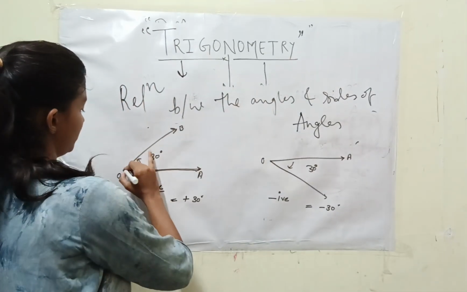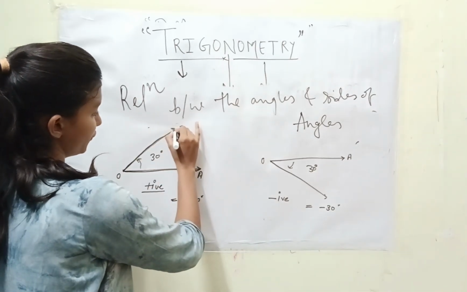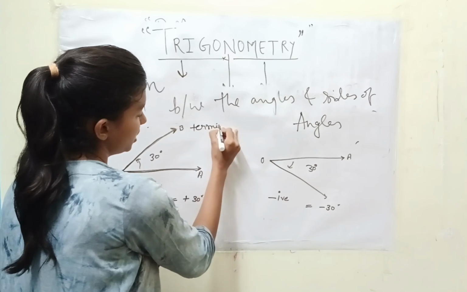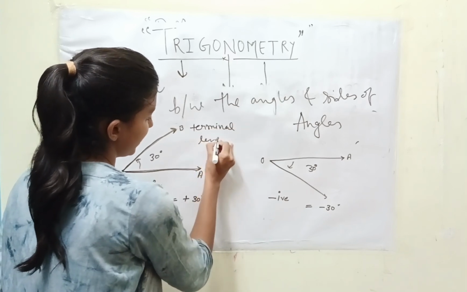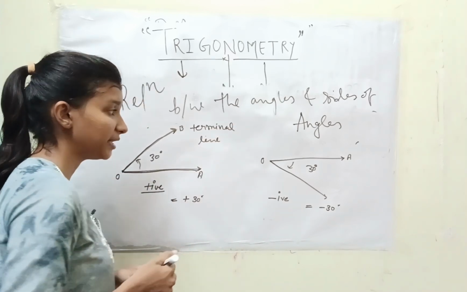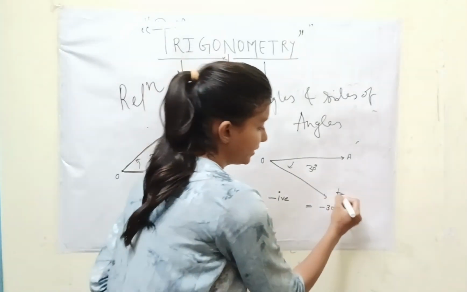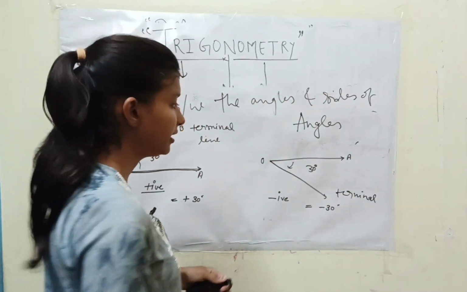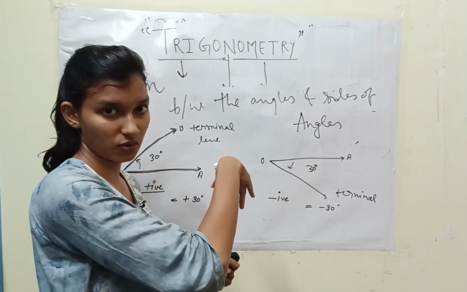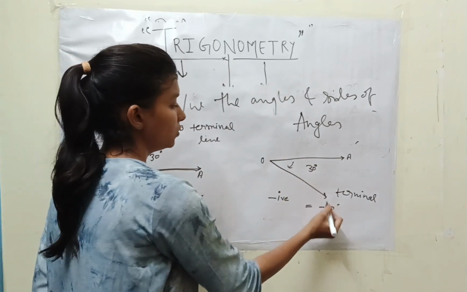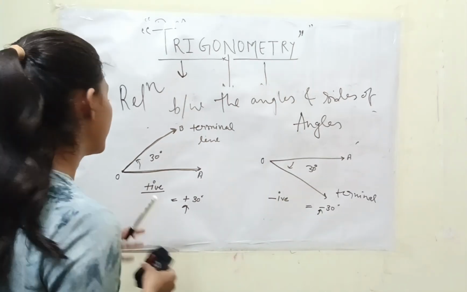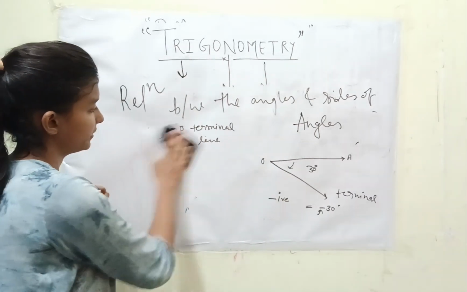And this line, which is the final position of your ray after rotation, is called the terminal line. Hence, the angle between initial line and terminal line can be calculated clockwise or anti-clockwise also. That's how the sign of the angle is decided, whether it will be positive or negative.